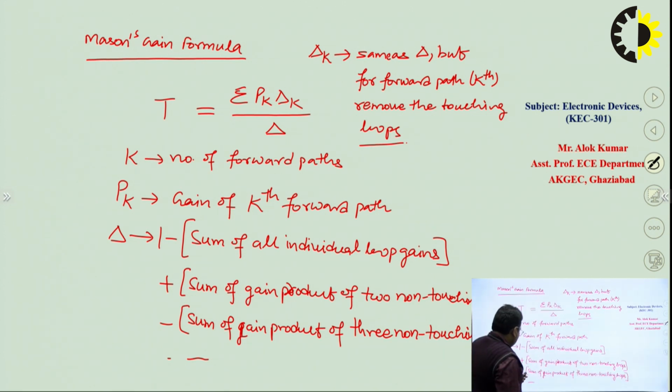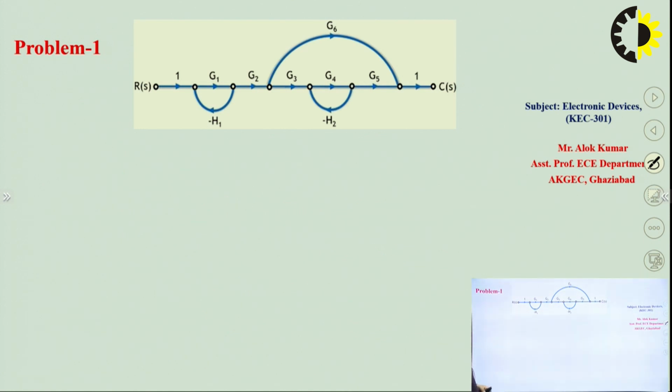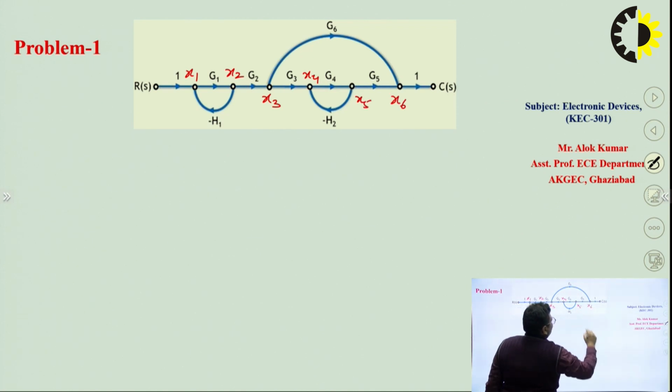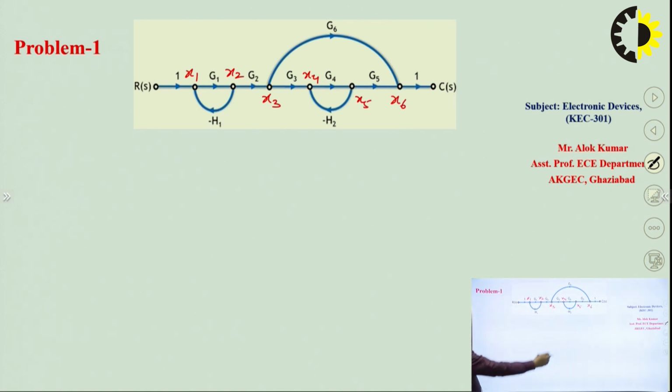If we take this example, suppose this node is x1, this node is x2, this node is x3, x4, x5, x6. So how can we define the nodes? First definition is for node: what do you mean by node?